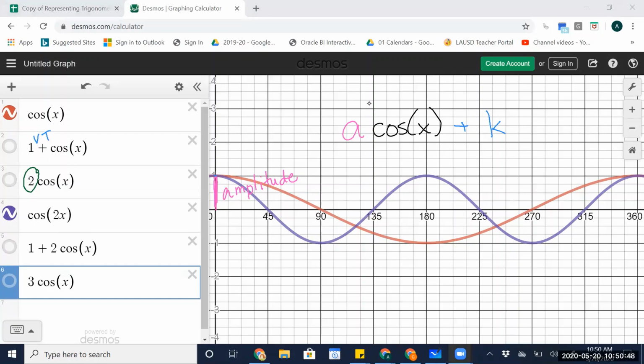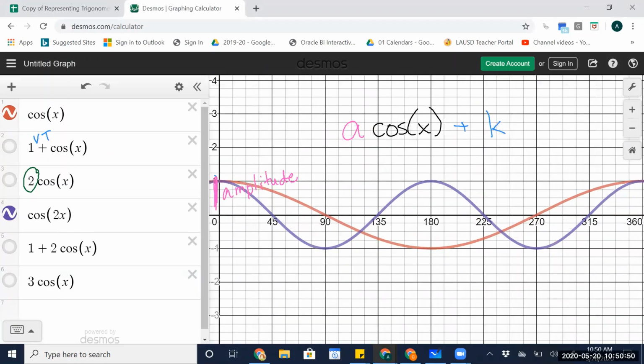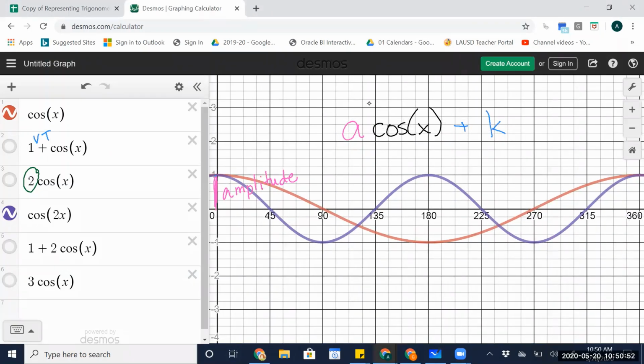First off, nothing's changed with the line that cuts the cosine in half, right? That's still there. It's still cutting the graph in half. So that's good. Our amplitude has not changed. It's still 1. So it becomes obvious that this 2 inside with x is somehow changing how many bumps appear in our graph.